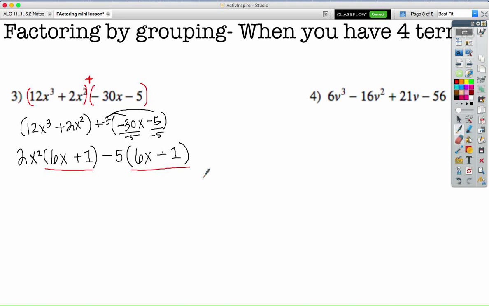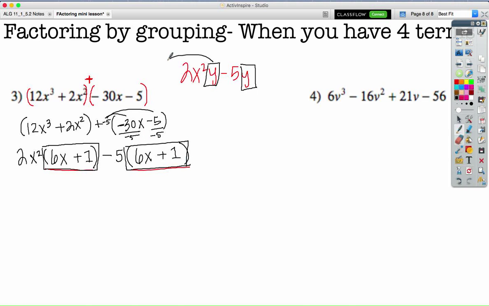Since these match, they are common terms that could be factored out. So just like if this had been 2x squared y minus 5y, instead of just having this simple common term, we have an entire parentheses that happens to be the common term.